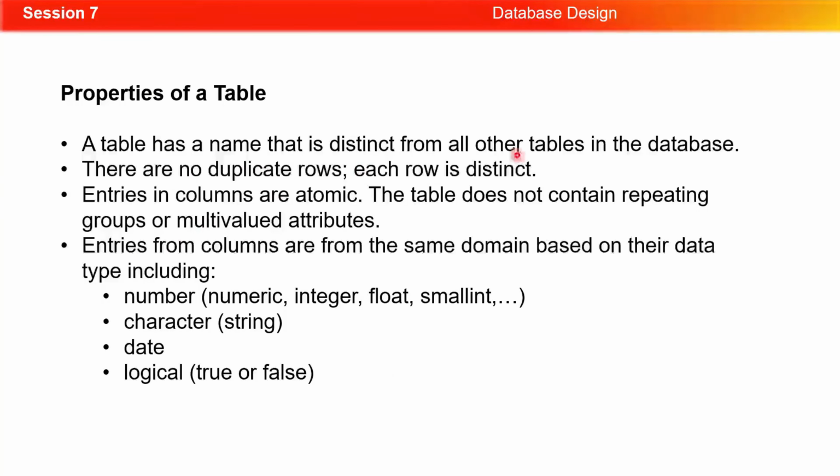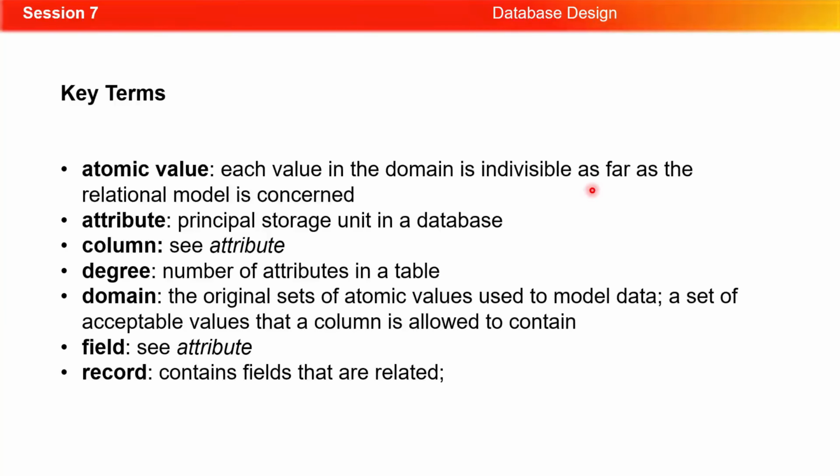And some key terms. Atomic value: each value in the domain is indivisible as far as the relational model is concerned. Attribute is a principal storage unit in the database and helps to describe the data in the table. A column contains attribute data.